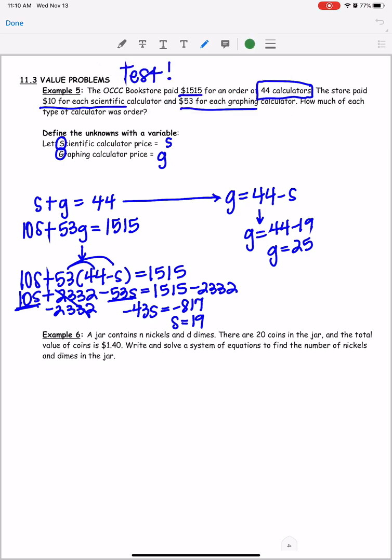Word problems require word answers. So OCCC ordered 19 scientific calculators and 25 graphing.